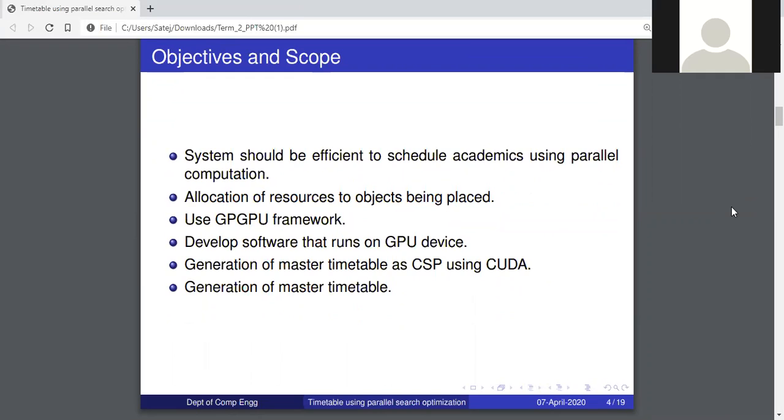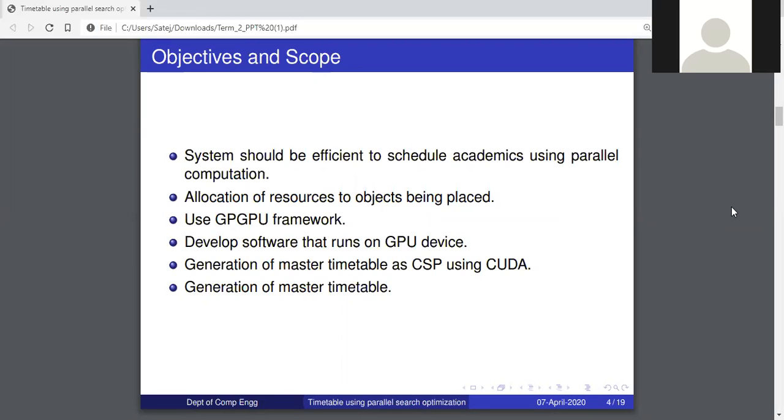All the resources and lectures should be scheduled properly. The lectures should not overlap, and the faculty or staff allocated to a particular lecture should not get many lectures at a time.